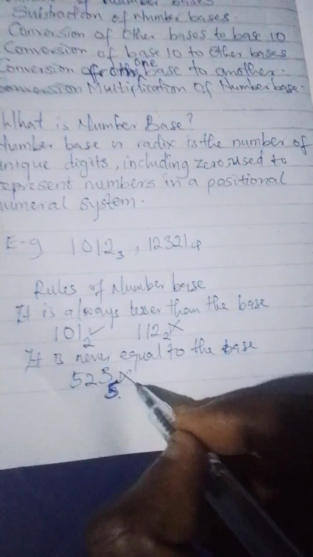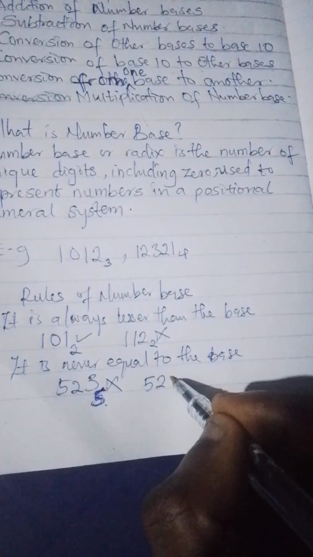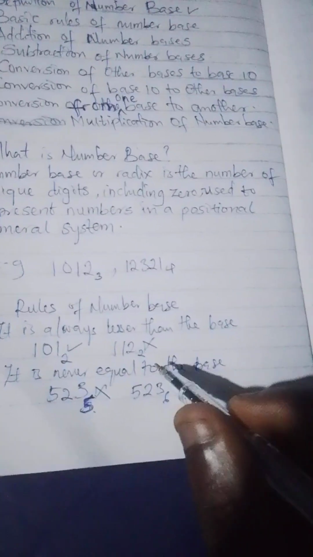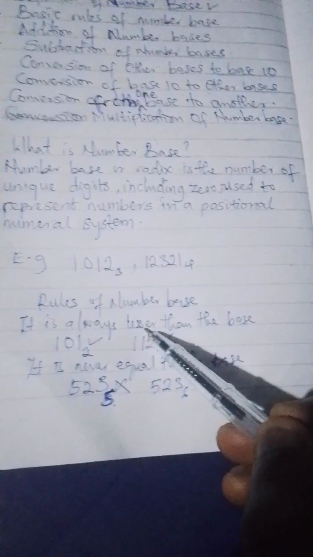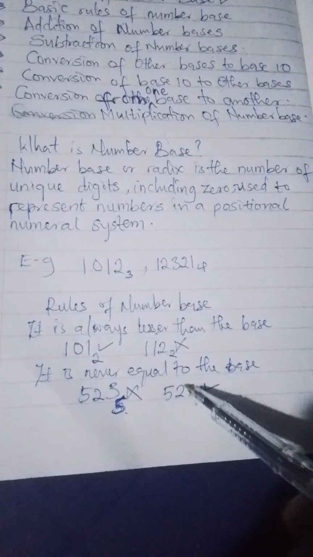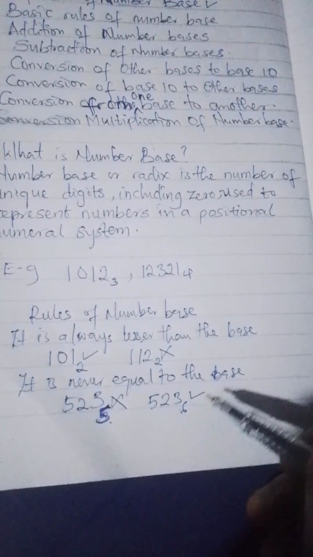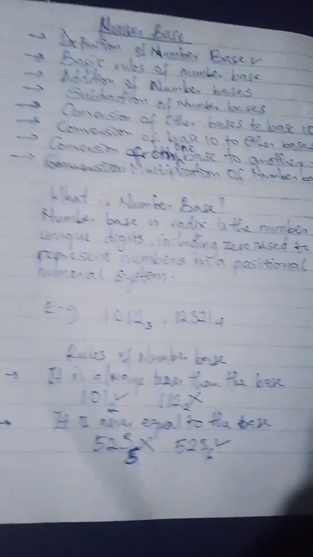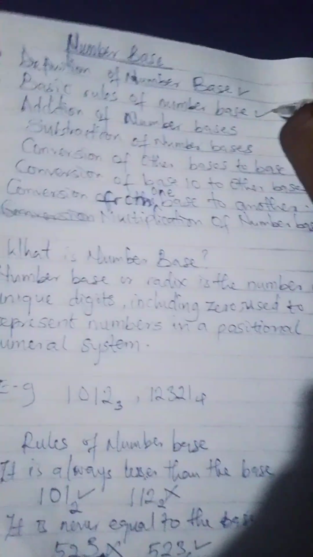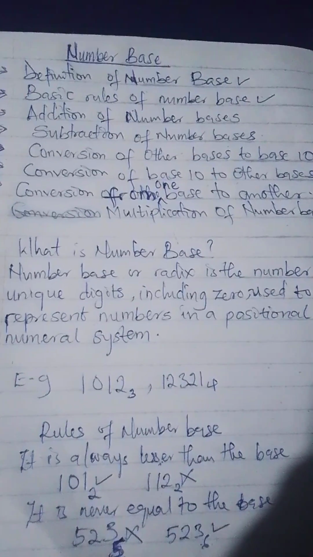So this is a wrong number base. Instead, if I had written 523 base 6, this is a correct number base, because it follows both rules: the digits are always less than the base, and never equal to the base, which is 6. Do you understand? So please let's acknowledge that. Those are the rules for number base.